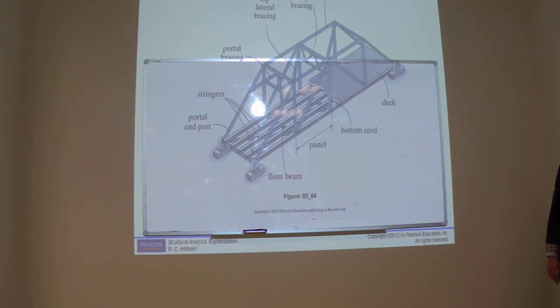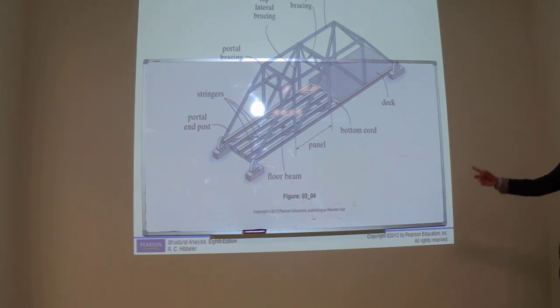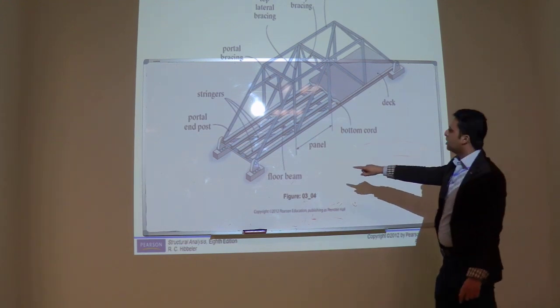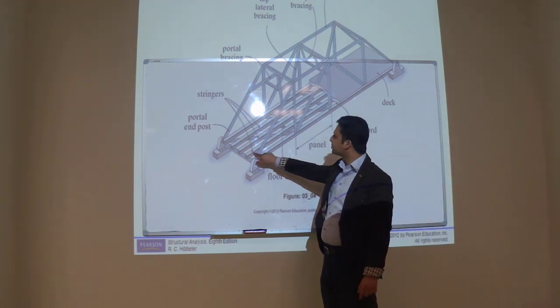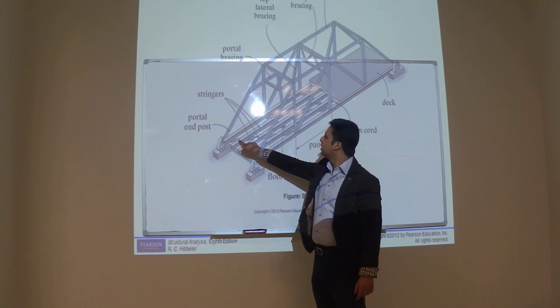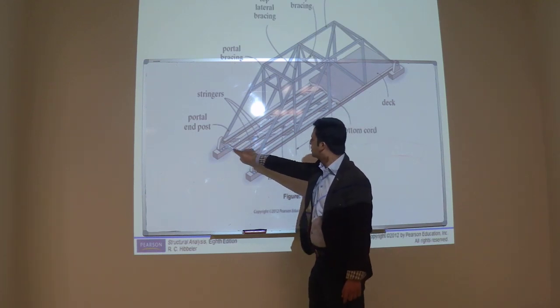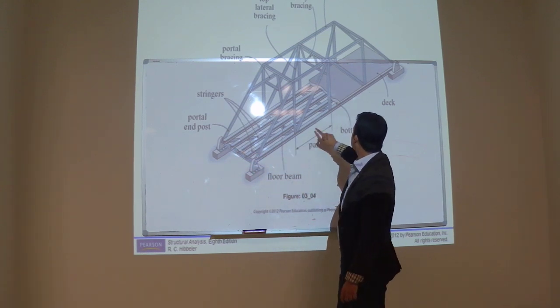Next time, I have offered one course which is known as Bridge Engineering. So in that course, maybe you will design this whole structure, every component of this. We can call these beams the stringers, and these perpendicular beams we call floor beams.